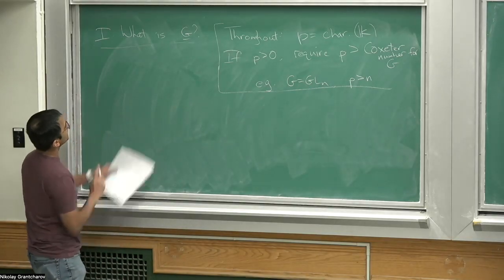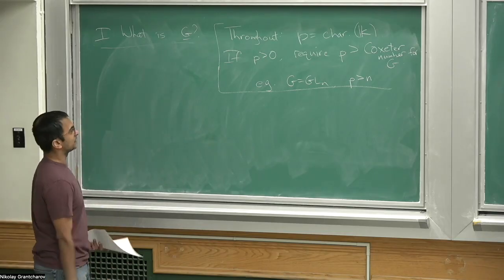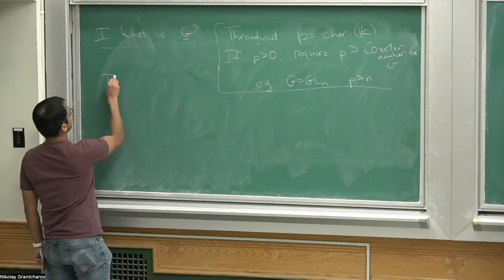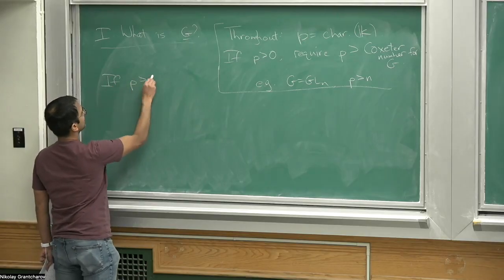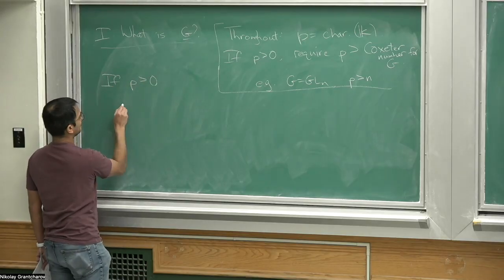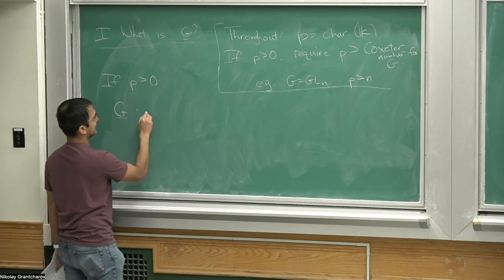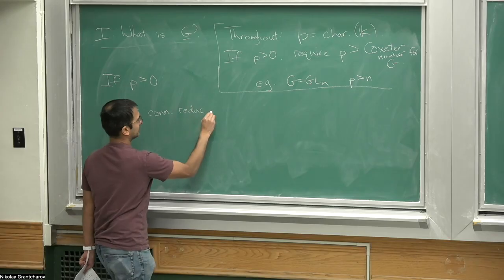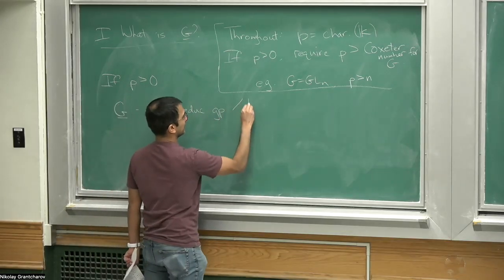Okay, so to tell you what G underline is: if P is positive, then G underline is a connected reductive group over the field.